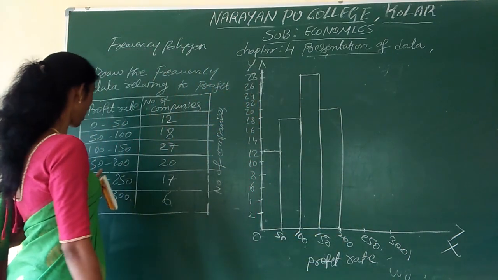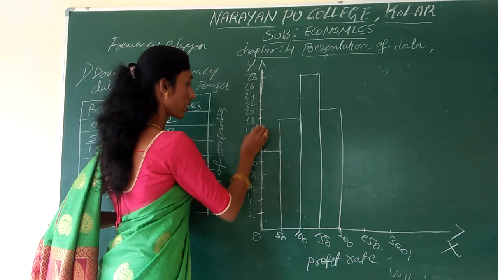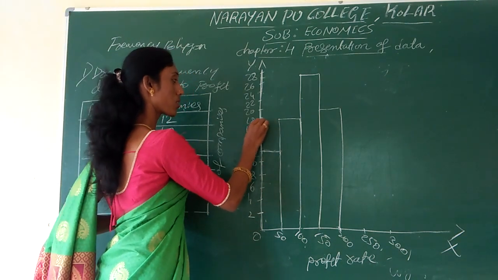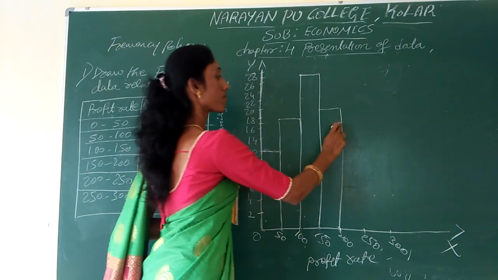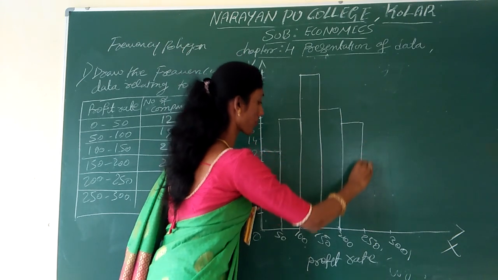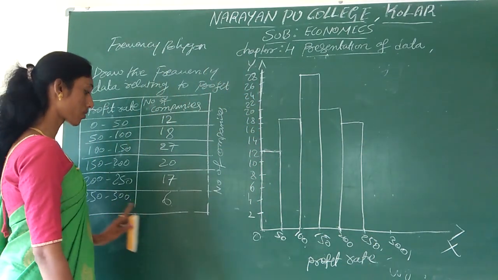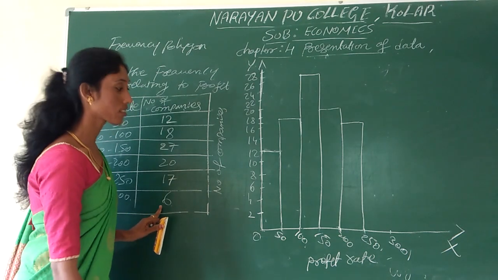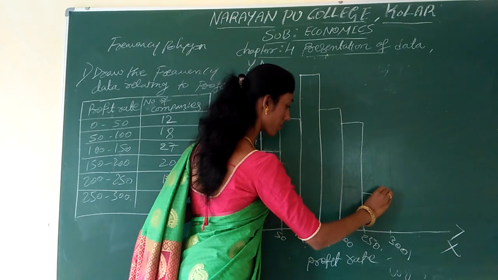And next, from 200 to 250, 17. 17 means between 16 and 18, we will get 17. Then from 250 to 300, there are only 6 companies earning the profit. 6 will come here.